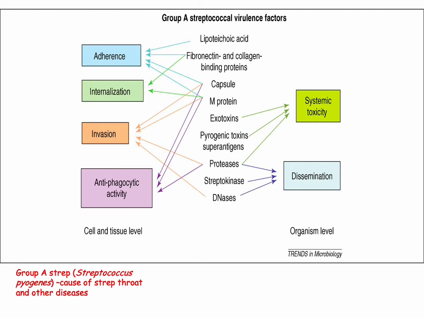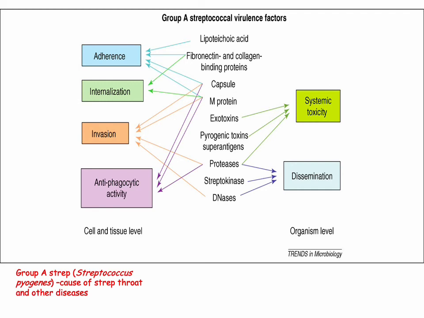Then on the right hand side, all the toxins can cause toxicity to our body, so systemic toxicity. Some of these enzymes like protease, streptokinase, and DNase help them to disseminate. I mean they degrade some of the tissues to help them move from the initial site of infection to another location or other part of the body.